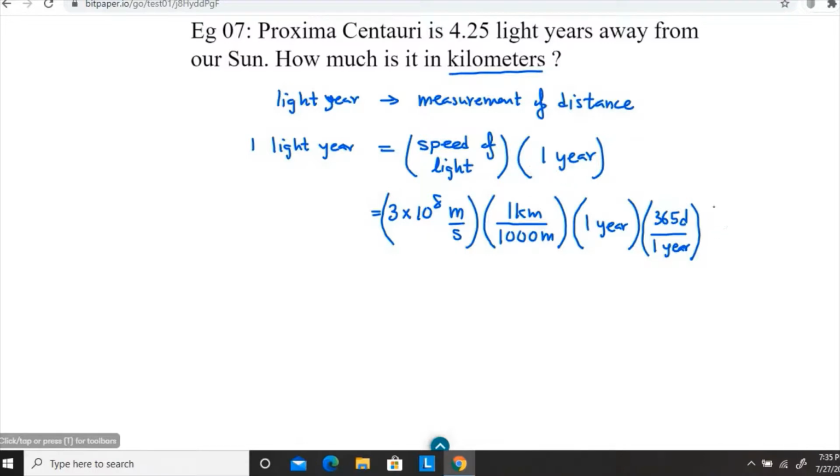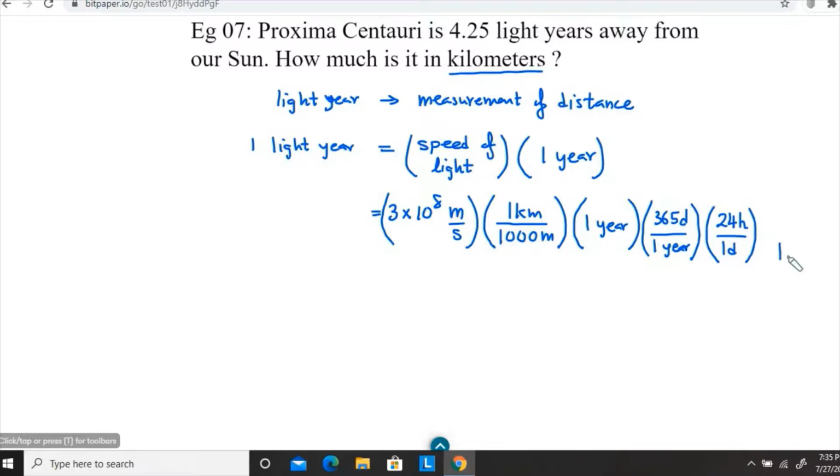And then I need to convert days into hours. I know that there are 24 hours in 1 day. And then I'm going to convert hours into seconds. I'm going to convert it directly without going through minutes.